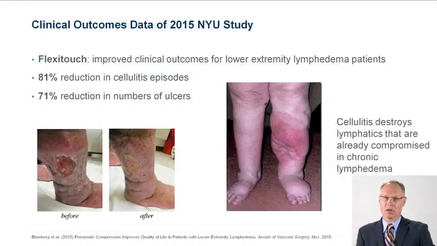A New York study performed in 2015 also demonstrated that utilization of FlexiTouch had a significant reduction of cellulitic episodes and a significant reduction in overall number of venous leg ulcers.